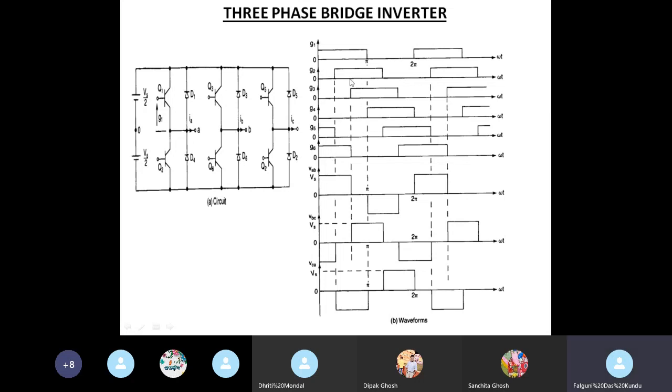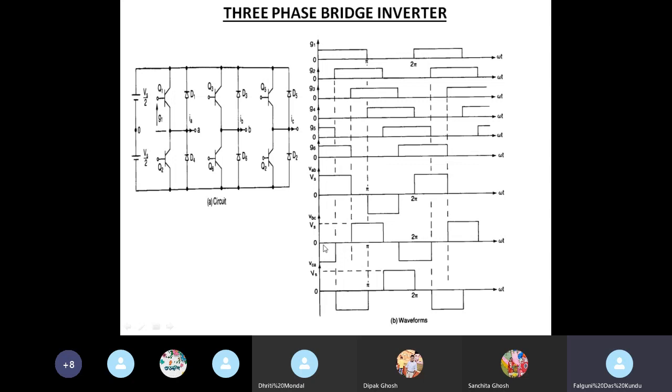So this is the gating signal of G3, and G1 is from initial. That's why we draw here V of AB, whose value is Vs, between this instant. And there is the negative part also.